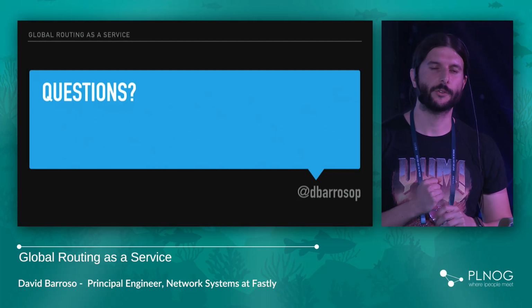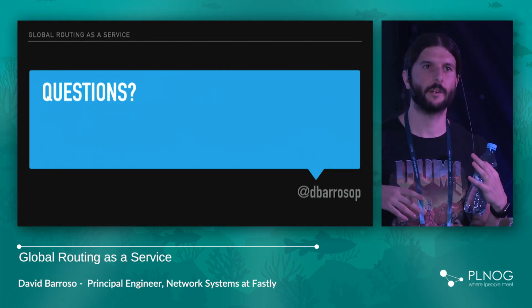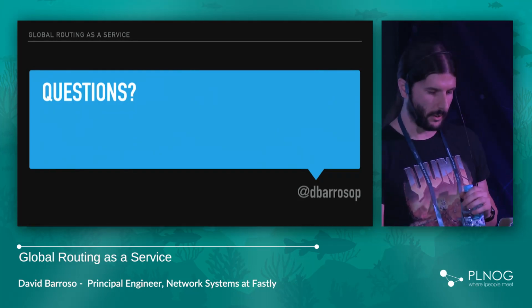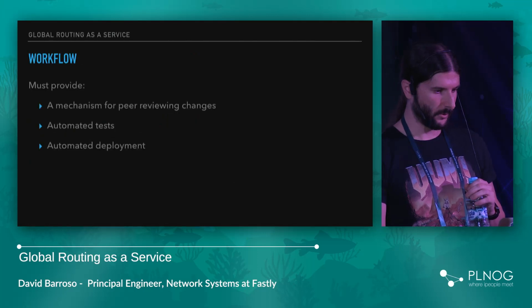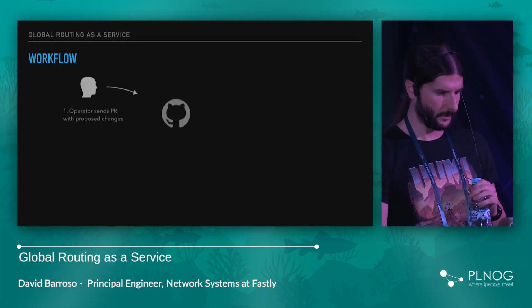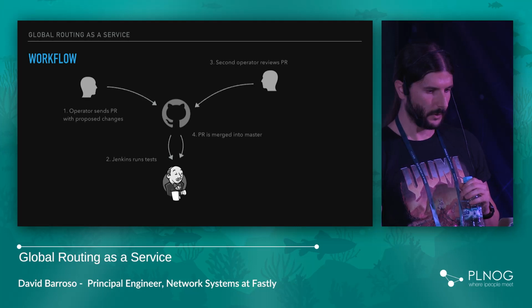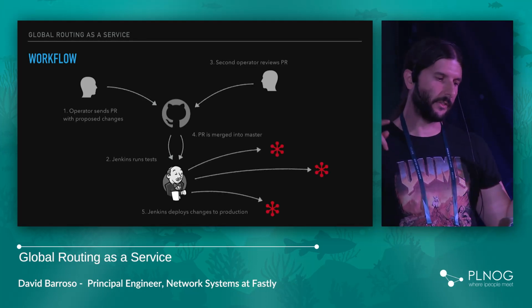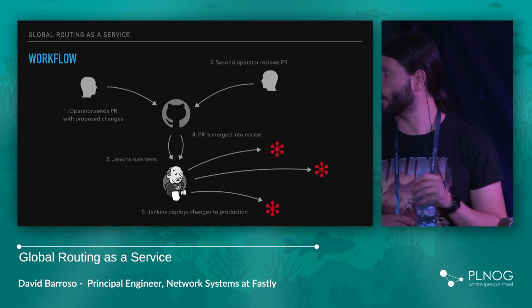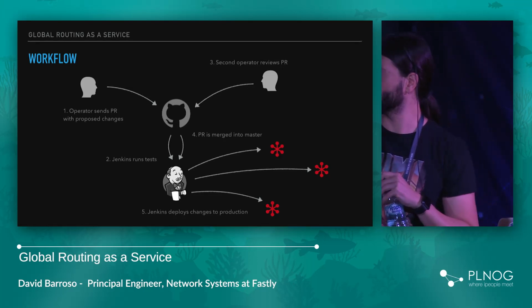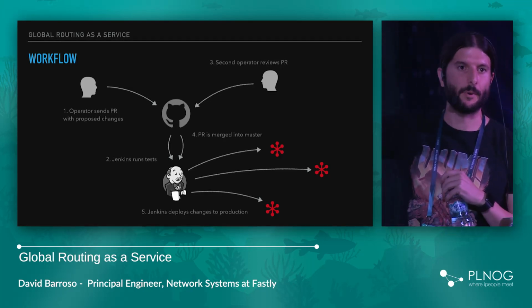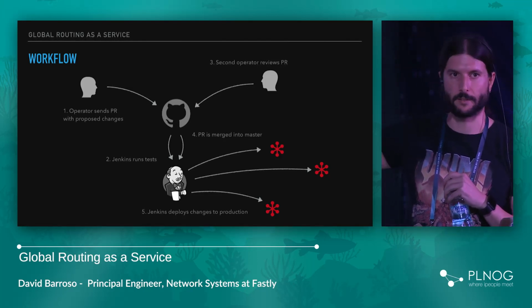I'm not sure I understood the question. So you're asking if, okay, let's go back to the workflow. The only things that are manual in this particular workflow are the first step and the third step. Everything else runs automatically.